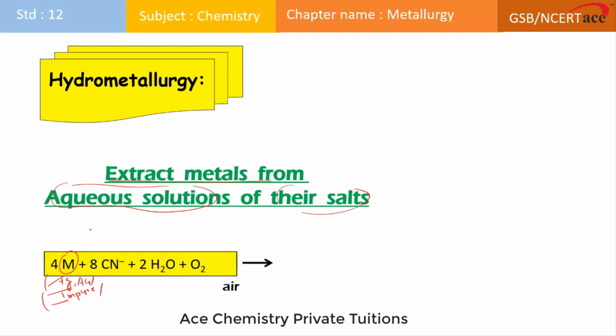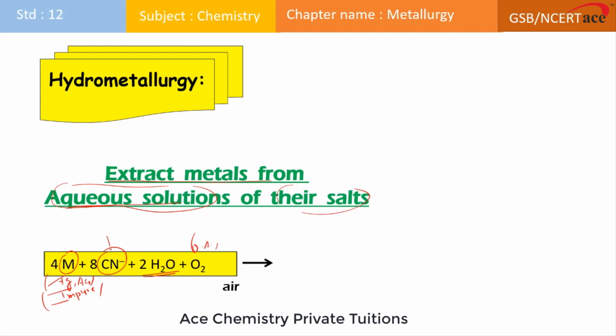So we are making an aqueous solution of their salts. If you see, the water is acting as what? Medium. That's why the word is aqueous. We are passing air, where the oxygen is going to act as what? Oxidizing agent. It oxidizes the metal to its ion in the aqueous solution, and we add a chemical reagent containing CN minus ion.